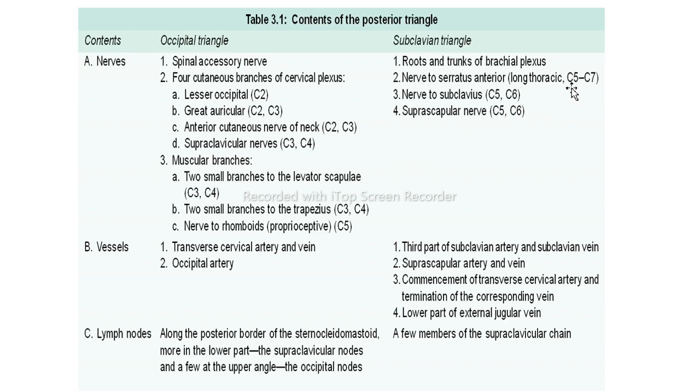Then the nerve to the subclavius and the suprascapular nerve are branches from the upper trunk of the brachial plexus. Of the three trunks, upper, middle and lower, only the upper trunk gives branches: the nerve to the subclavius and the suprascapular nerve.